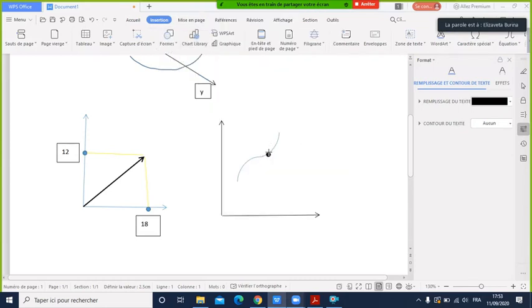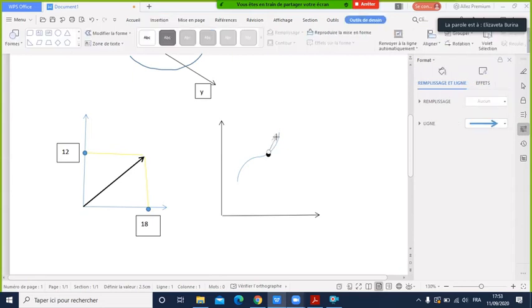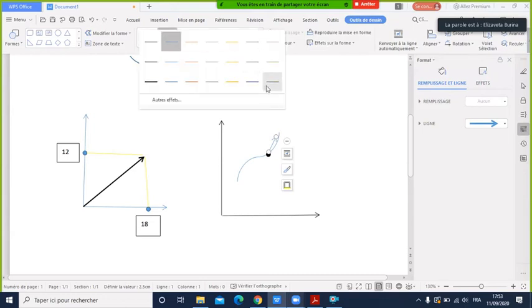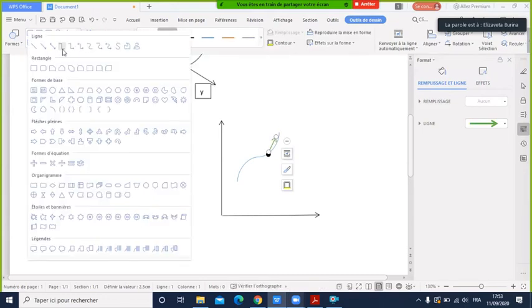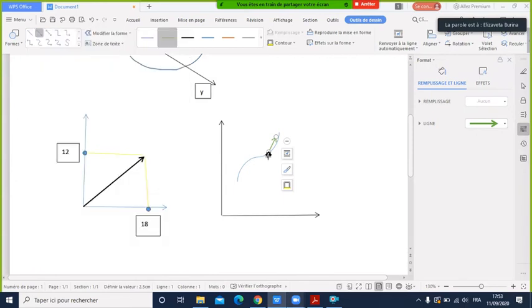So if we move here, the function is increasing. So it's going to be a green one. And if we move here, the function is decreasing. So it will be the orange one, right?